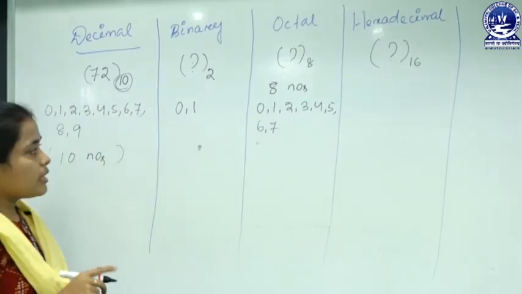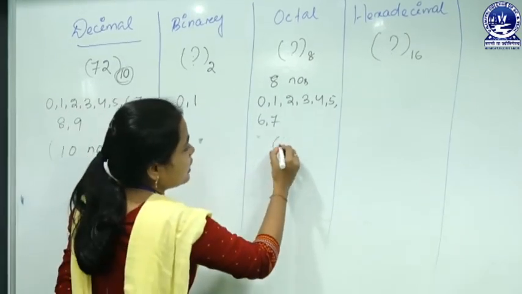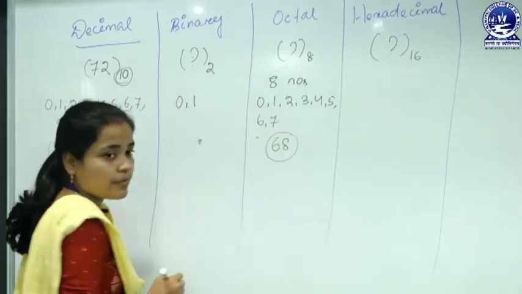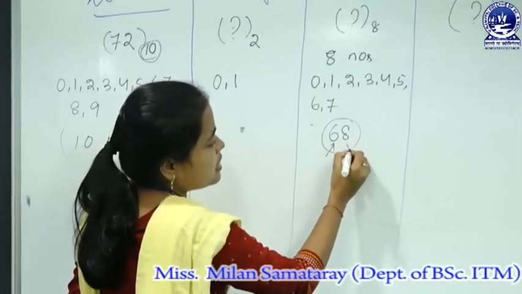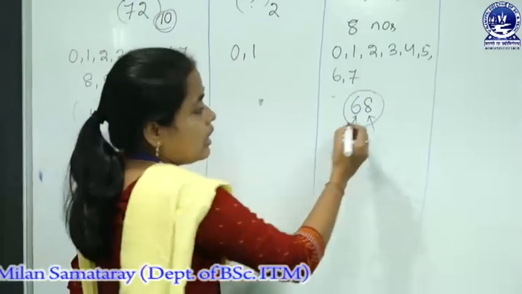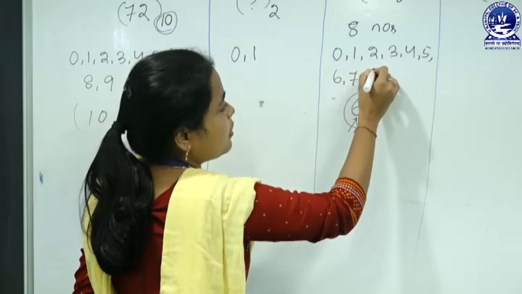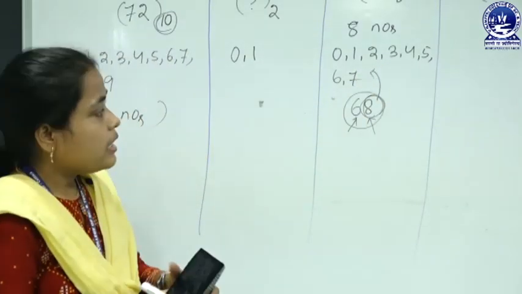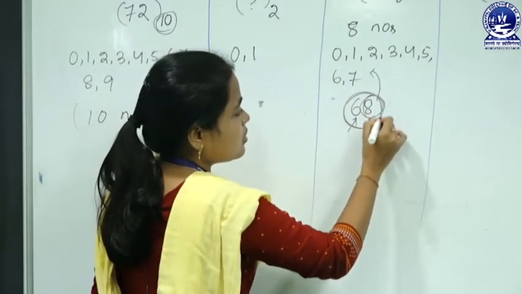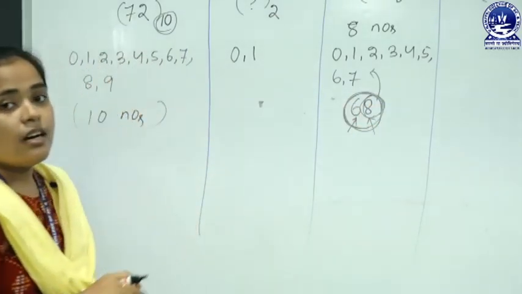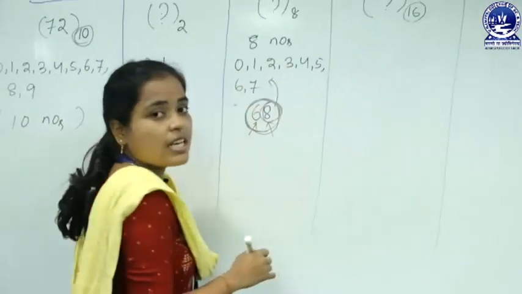If a number contains digits beyond this range, let us take a number 68, which contains 2 digits, 6 and 8, and as you can see the digit 8 does not come under this range, that means it is not between 0 to 7. So, this number cannot be an octal number. For hexadecimal the radix is 16.